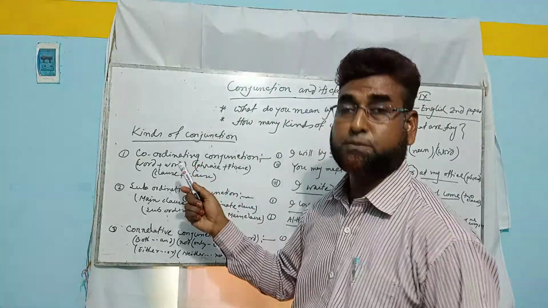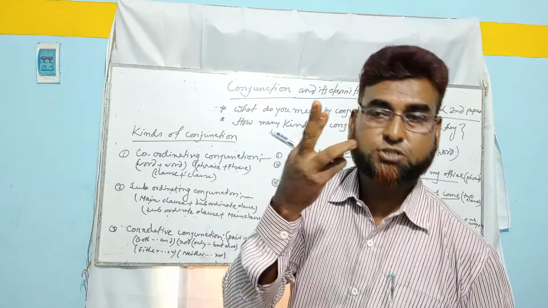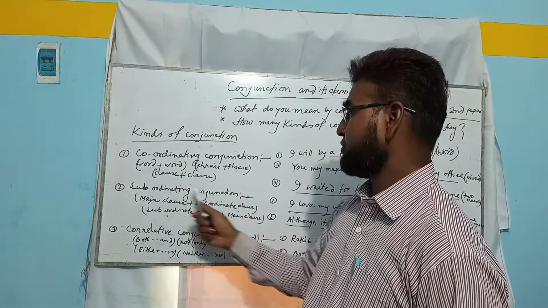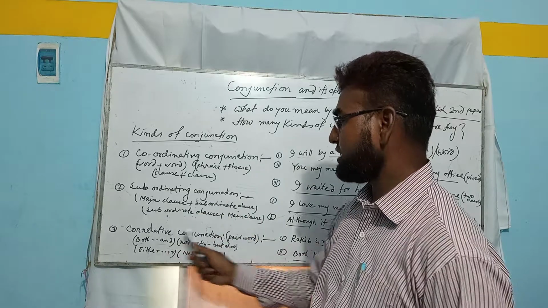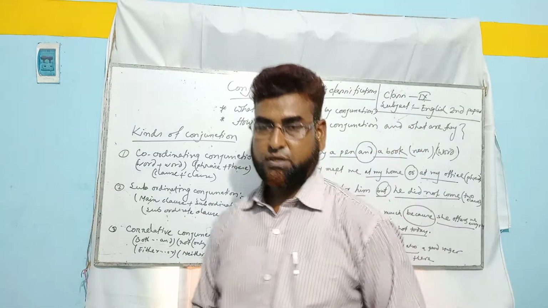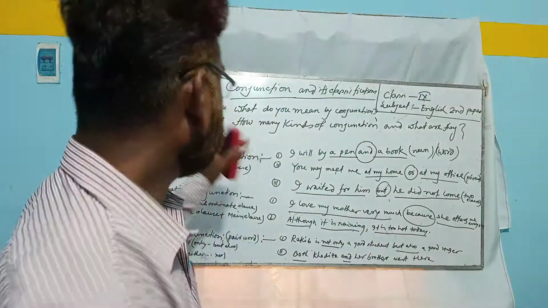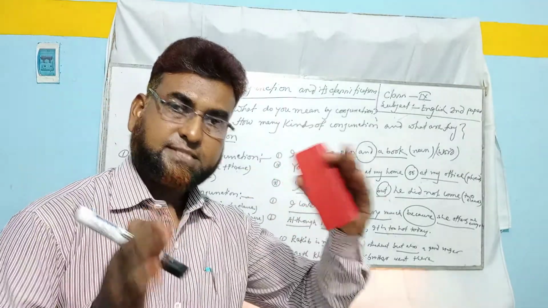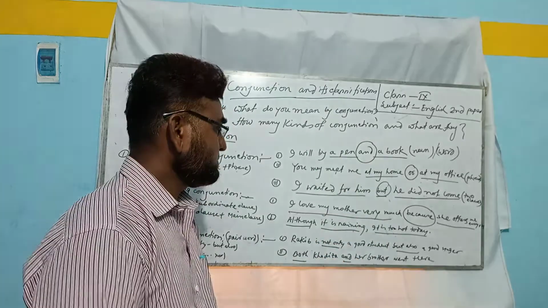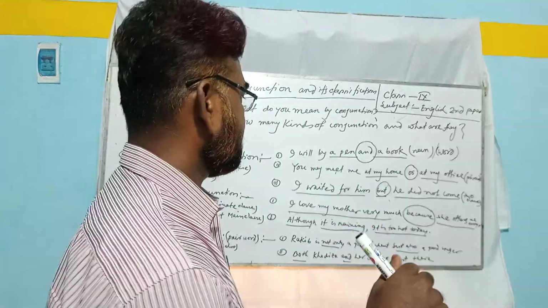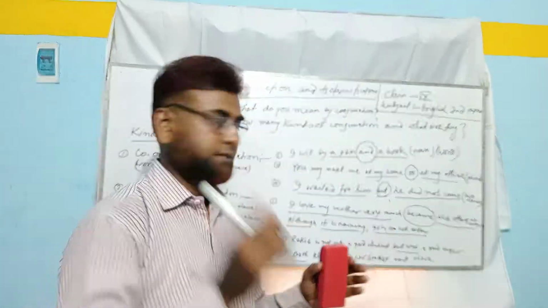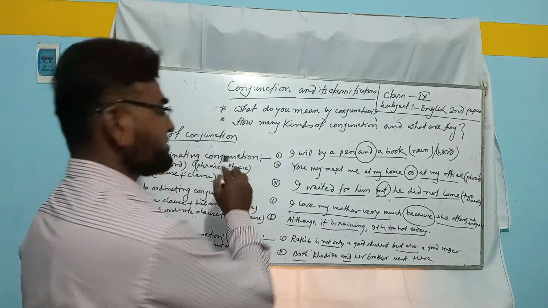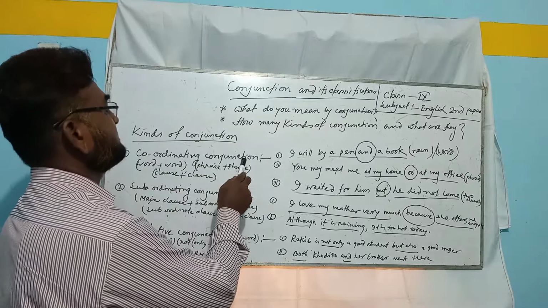There are three kinds of conjunction: coordinating conjunction, subordinating conjunction, and correlative conjunction. In every conjunction there are some specific divisions. Now I want to discuss this matter in detail. Look at the board. At first I have written coordinating conjunction.